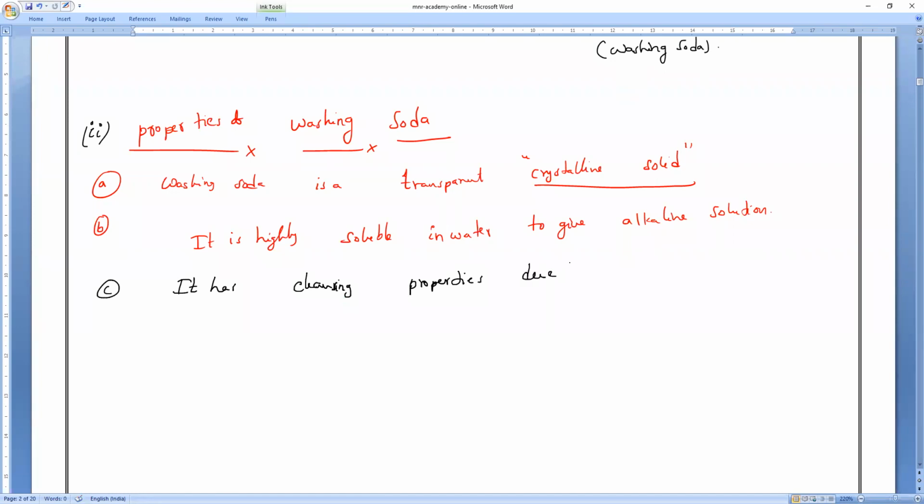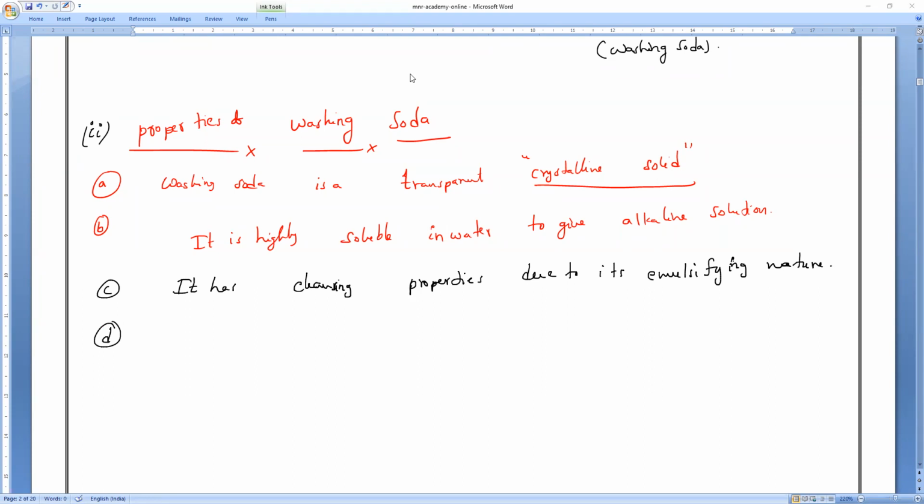Due to its emulsifying nature, it reacts and removes the dirt. So it is a cleansing property, not cleaning, cleansing. Next.